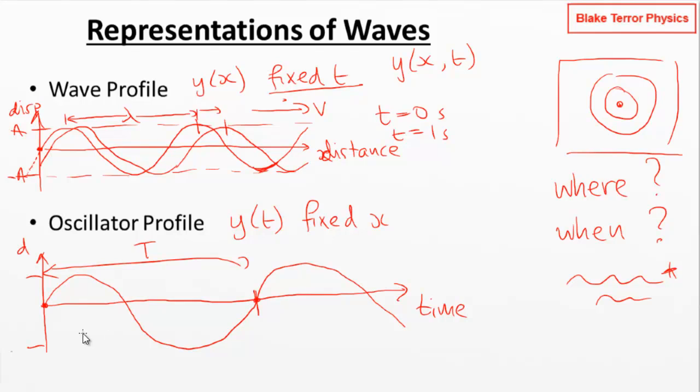So we're just flicking backwards and forwards between, are we looking at the variation through space at a particular time, or the variation through time at a particular point in space? Right, a couple of things that can confuse people with these: the shape of the graph isn't necessarily the same as the shape of the wave.